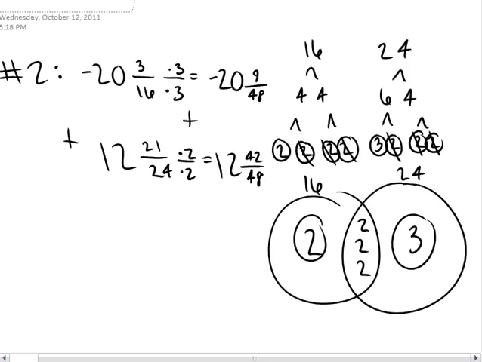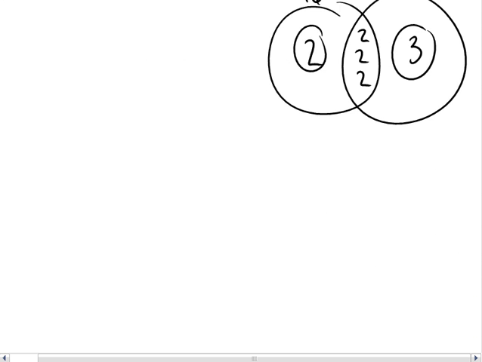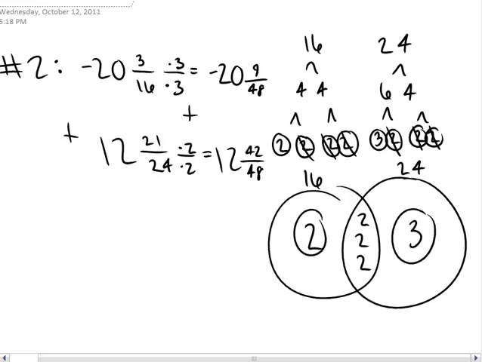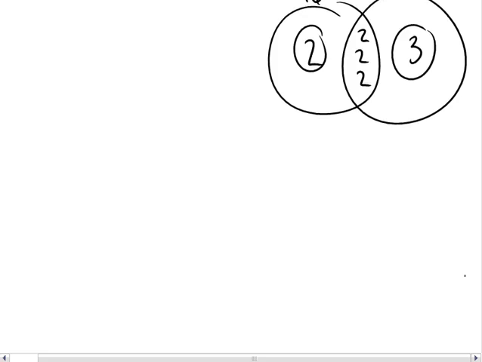Now they both have a denominator that is the same, and we can work out the problem more easily. We're going to move the problem down here. And I believe it was 42.